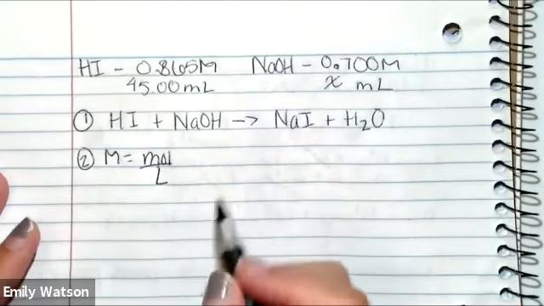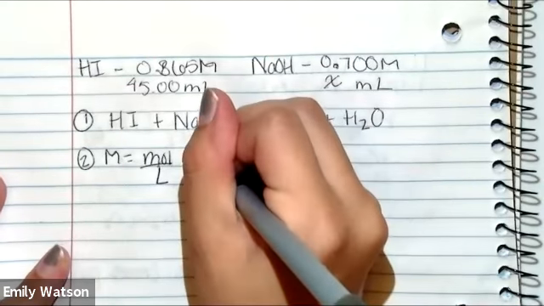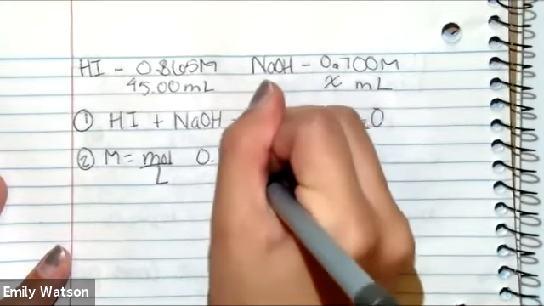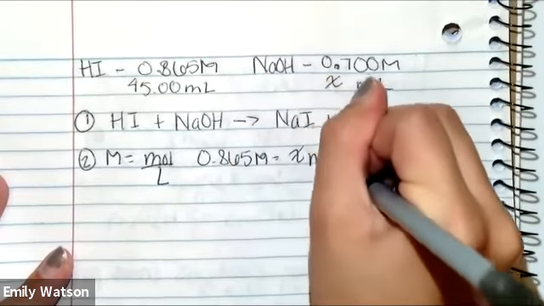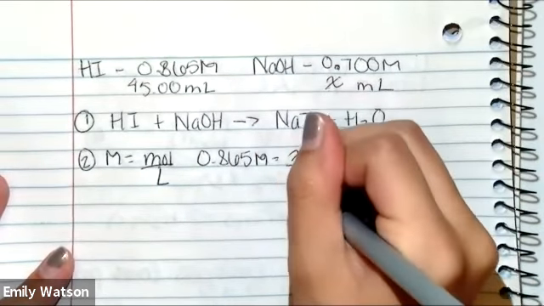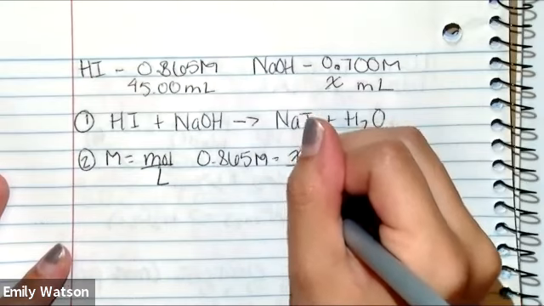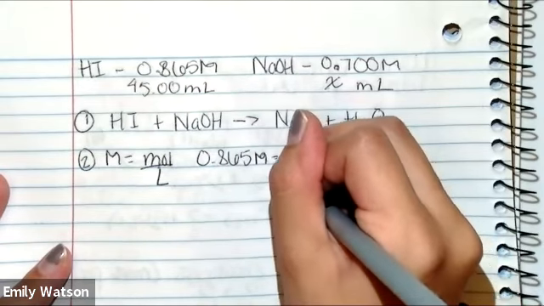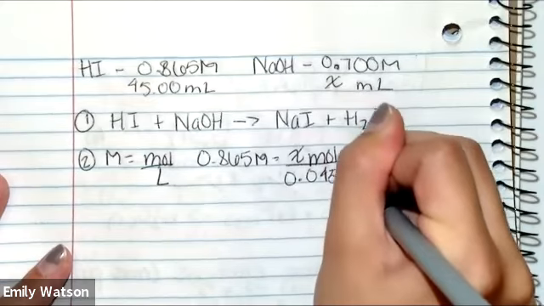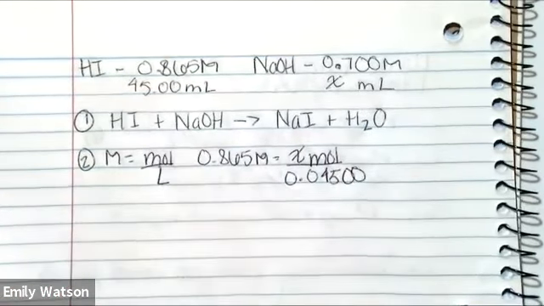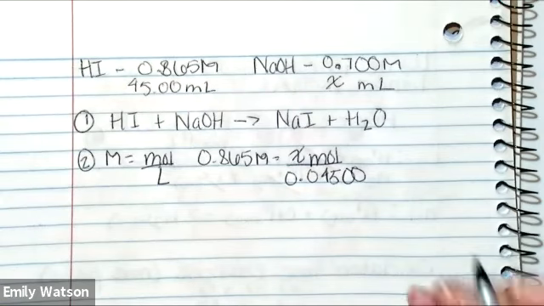So for hydroiodic acid, our molarity is 0.865 molar. We're looking for moles. And how many liters do we have? 0.04500. Keep track of those sig figs. And then you're going to put this into your calculator. How many moles do you get?